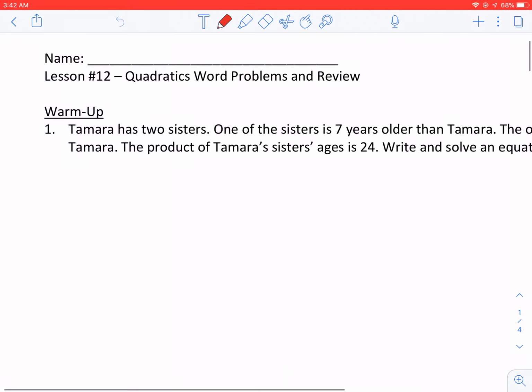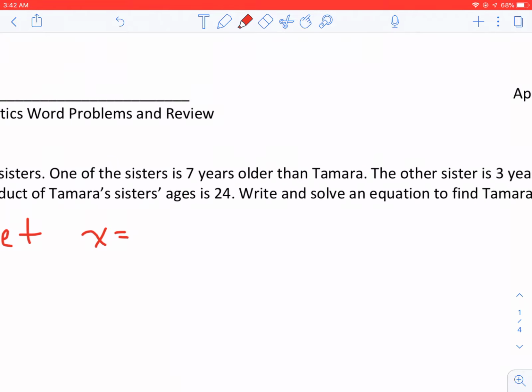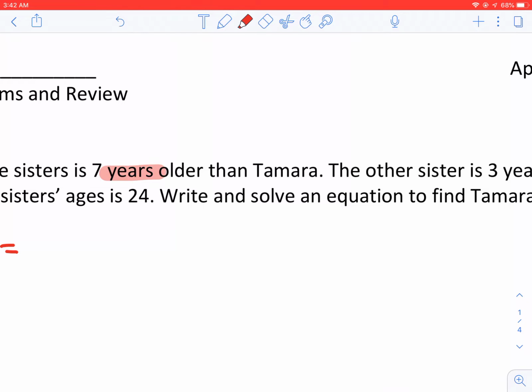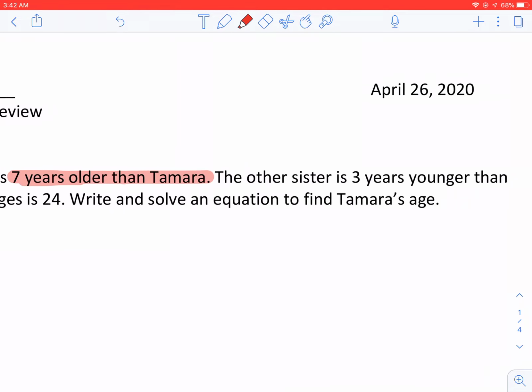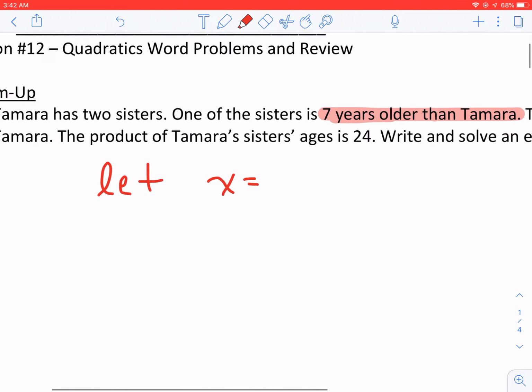So I'm going to let x equal, well, what do you think I should let x equal? I know one sister is 7 years older than Tamara, and the other sister is 3 years younger than Tamara.